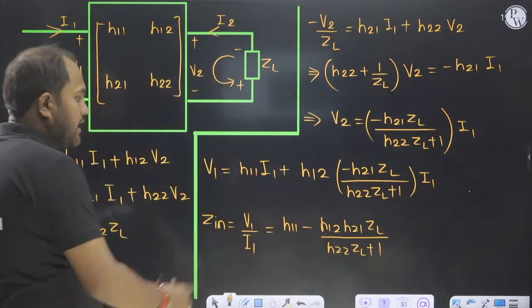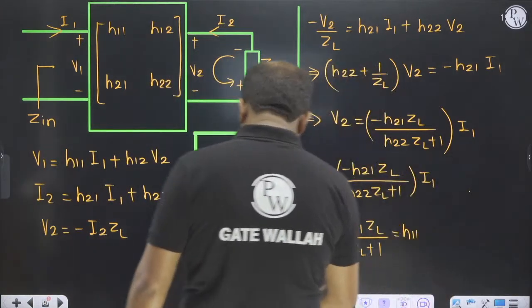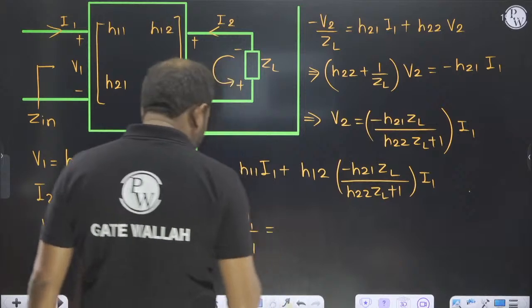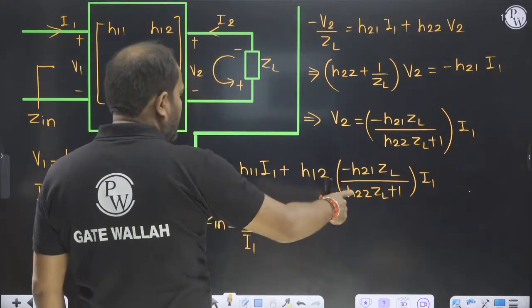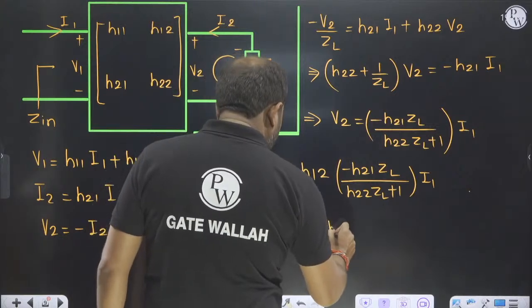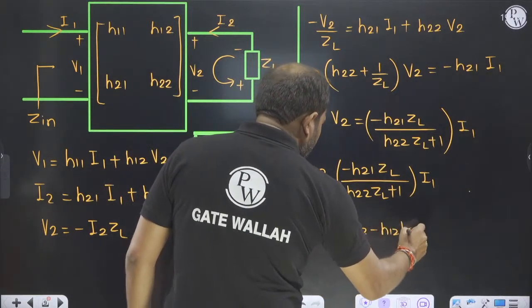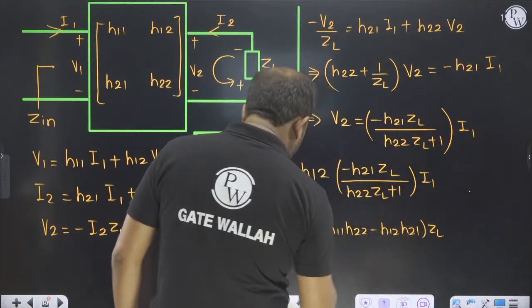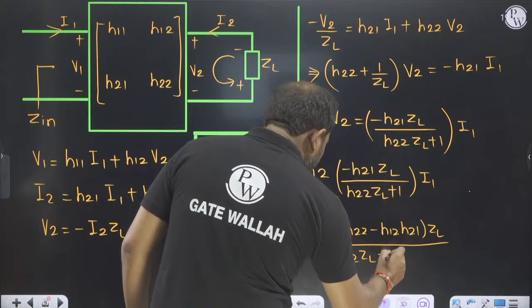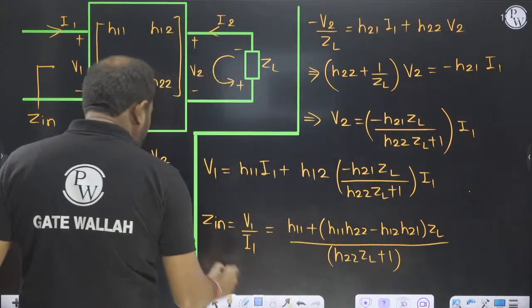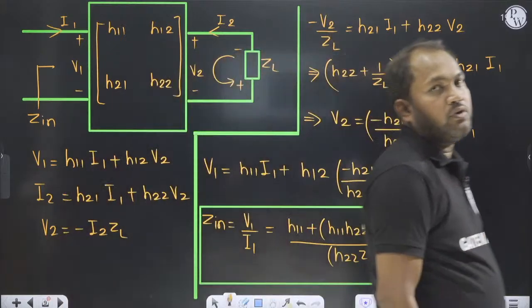I will multiply, then it will be H11 plus H11 H22 minus H12 H21 into ZL divided by H22 ZL plus 1. So this is our formula for Zin.